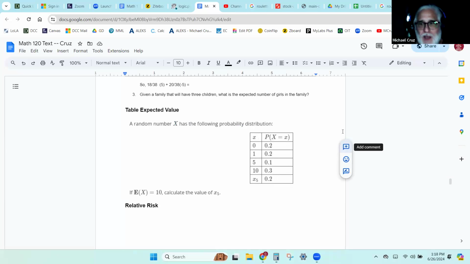So the expected value of this would be this times this, this times this, this times this, this times this, and this times this. And then you would add them all up, and that would be your expected value.